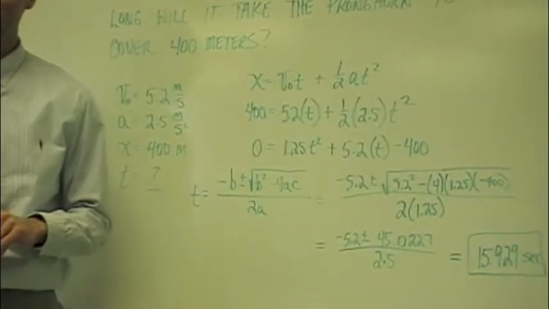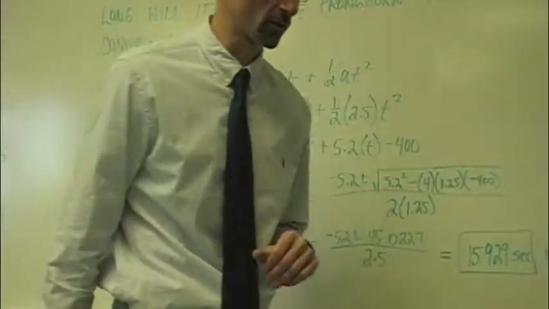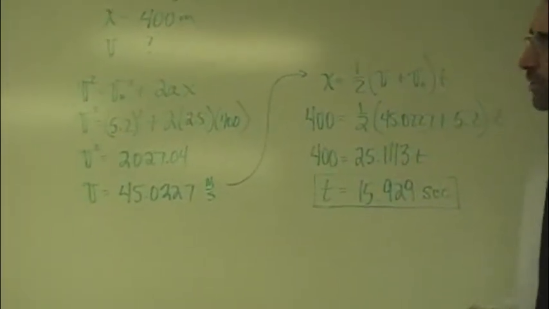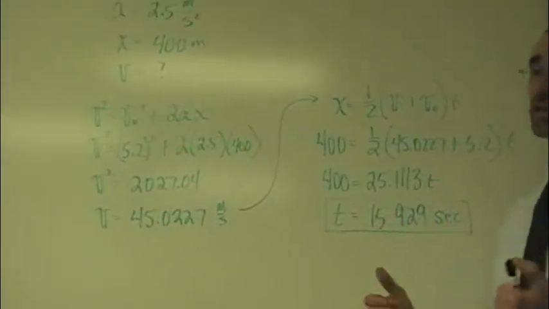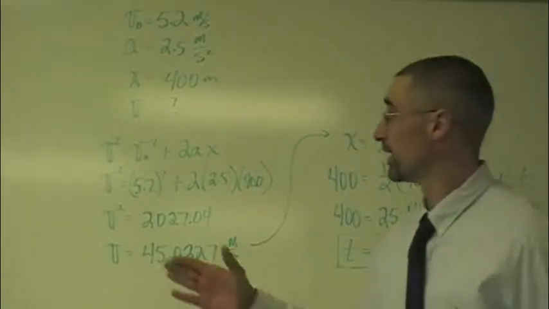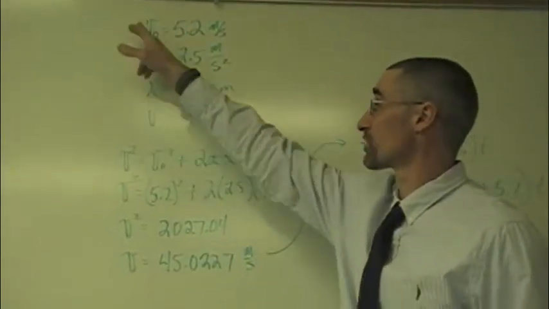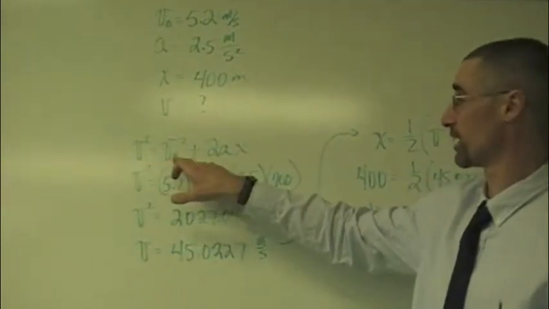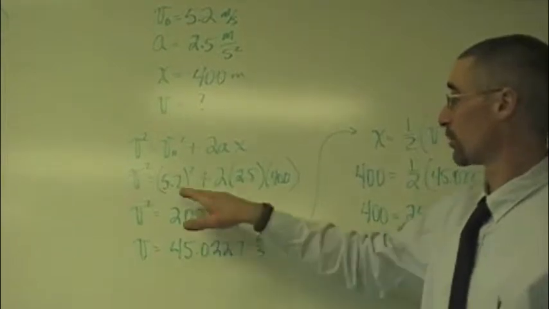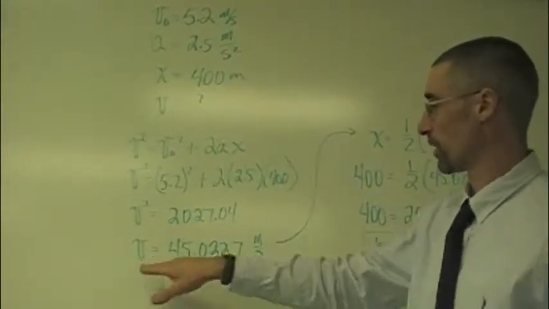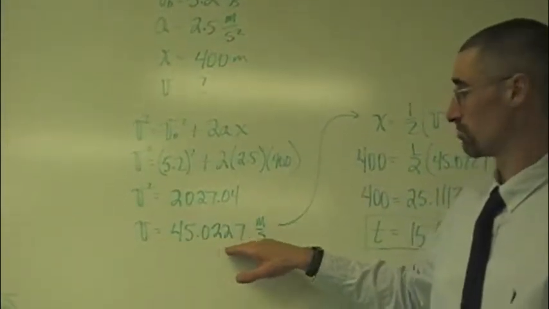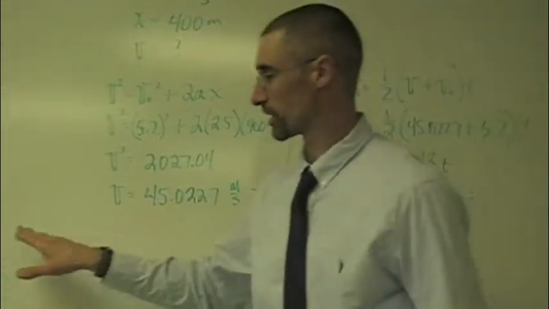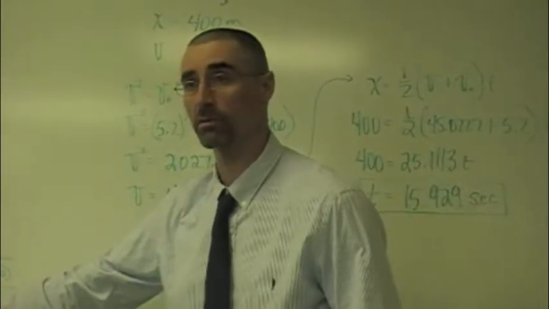Make sense? Now, some people don't like the quadratic formula because it takes them some time to do. So what I've done on this one is show you that you can do this multi-step. With those kinematic variables, we can solve for final velocity using v squared equals v naught squared plus 2ax. You plug those in, and you'll come up with a velocity equals 45.0227, which ironically is interesting because it's that term in the quadratic formula.